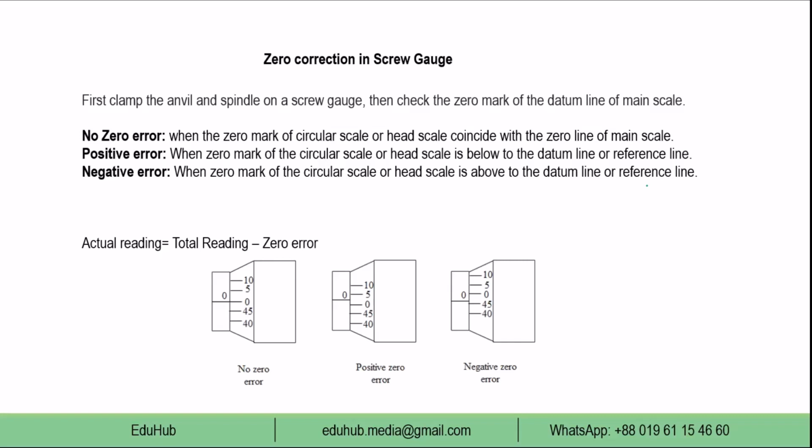If the zero line of the circular scale is below the zero mark of the datum line or reference line, then it is a positive error. And if the zero mark of the circular scale is above the reference line or datum line, then it is a negative error. The actual reading formula is the same as the Vernier scale formula, which is total reading minus zero error.